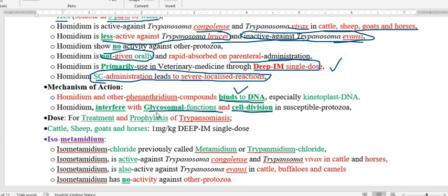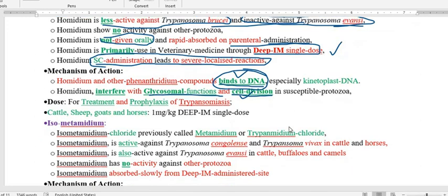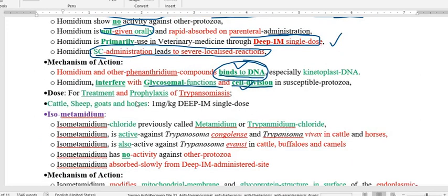So homidium binds with DNA and interferes with its function, acts on the energy production system, the glycolysis pathway, and affects cell division because it influences the replication of DNA.